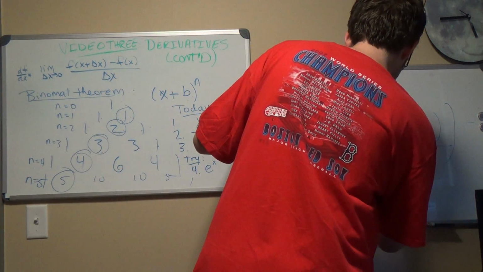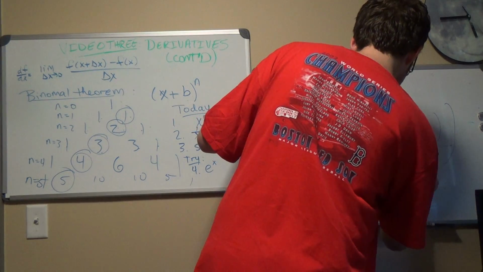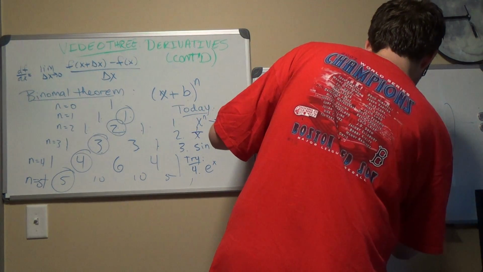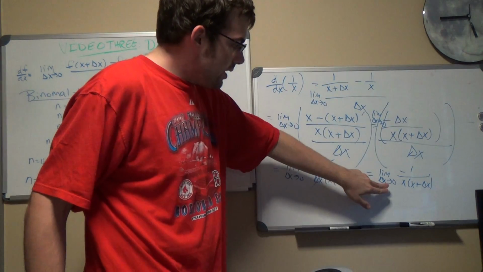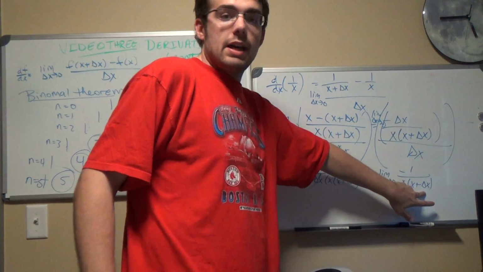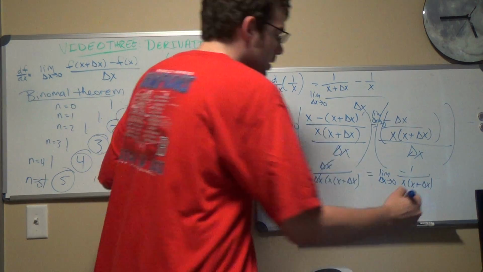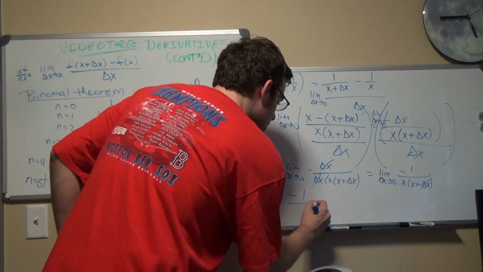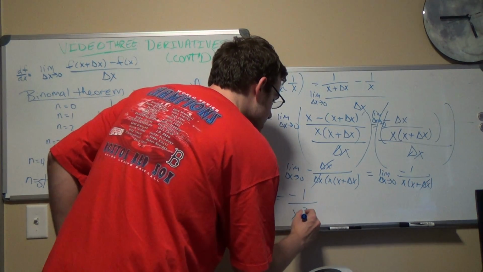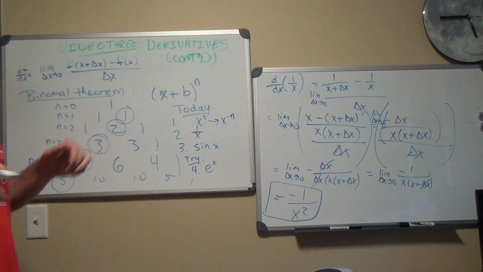And we have the limit as delta x approaches 0 of minus 1 over x times x plus delta x. Now here, we can just get rid of this delta x. We can turn this into 0. Equals negative 1 over x squared. So that's our derivative of 1 over x.